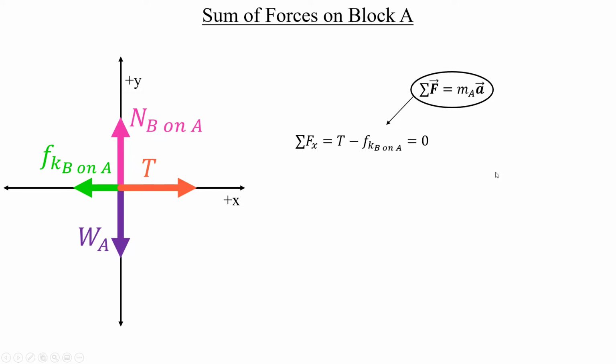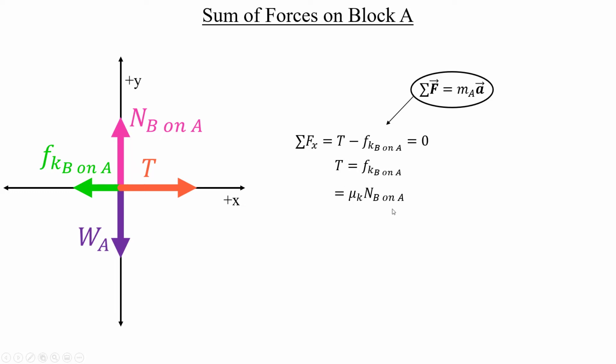But anyway, let's take this term and flip it over to the other side, so that we now have an expression for the tension. And we know what the expression is for the kinetic frictional force. Well, that's mu sub k n. But we have to be careful. We'll label n with the appropriate notation here.